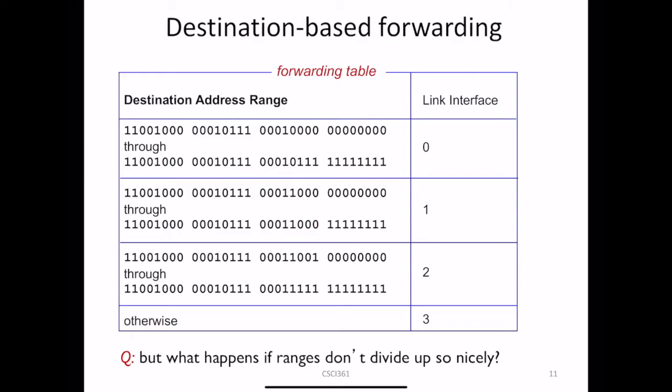Then let's look at destination-based forwarding. Each destination address is an IP address, a 32-bit integer, so we need to consider it carefully, because in total there are 4 billion IP addresses.